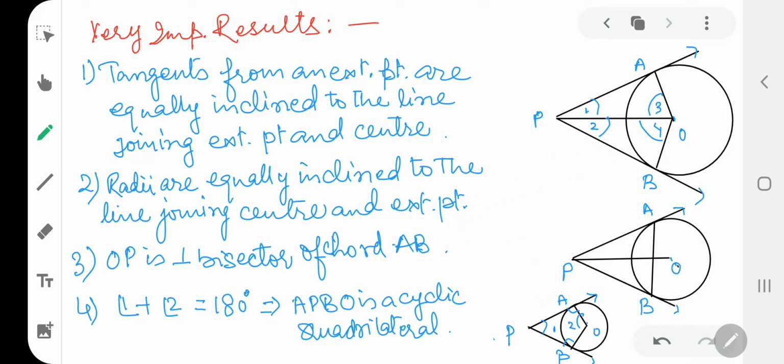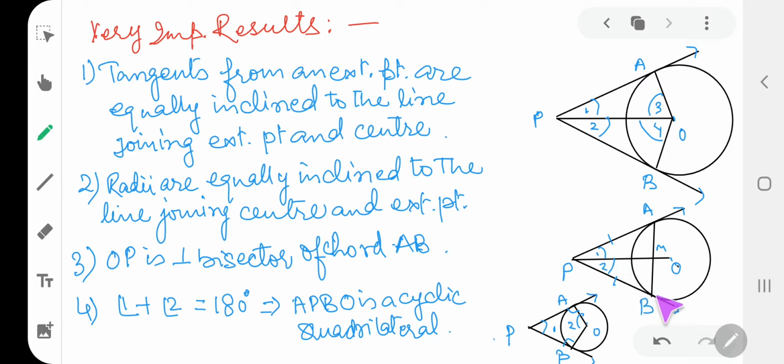Also children, listen, let's see this figure. You have proved that PA is equal to PB, you have seen that this angle is equal to this angle, and also PM is the common side between these two triangles PAM and PBM.